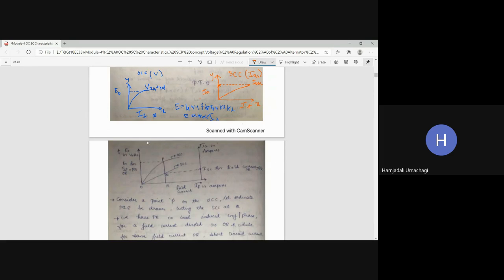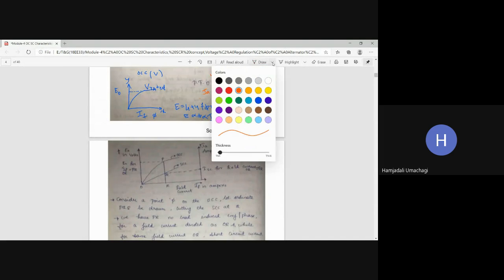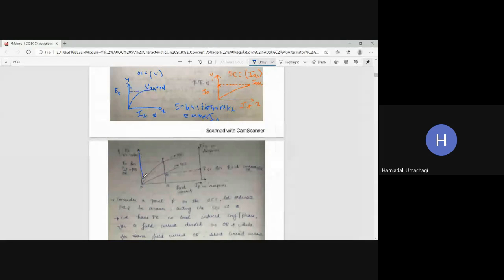So here in the notes we have written everything together. This graph is for OCC. For this graph, let me explain: for OCC, you should consider this blue color line. So this is my OCC, a graph between E0 versus field current IF.